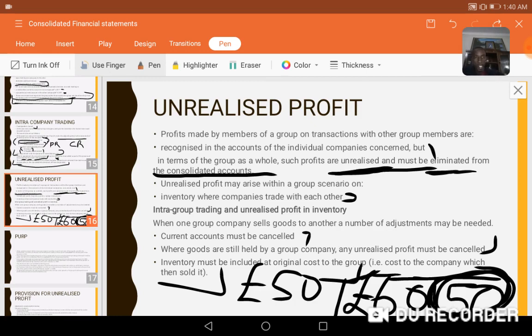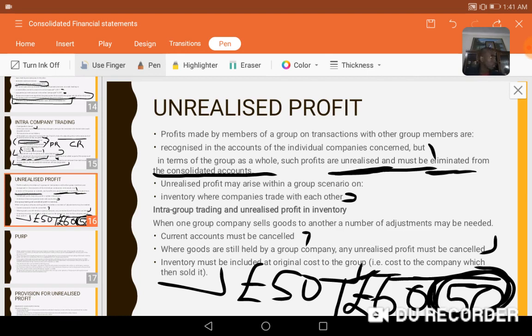If, let's say, for example, like the question normally says, half of these goods still remain in the inventory, it will mean that half of the profit is unrealized. Therefore, if the profit was 10, it means 5 is unrealized. Therefore, 5 has to be removed from the group inventories because it's unrealized.